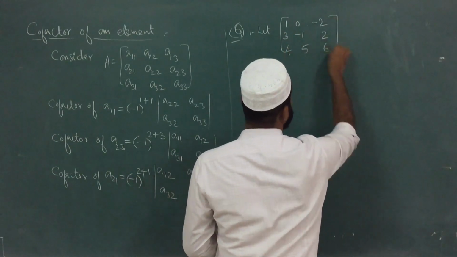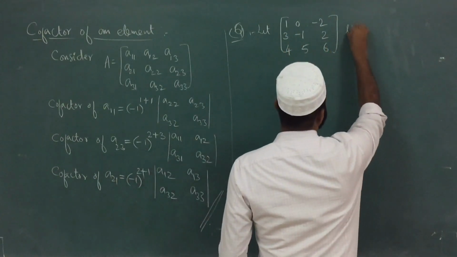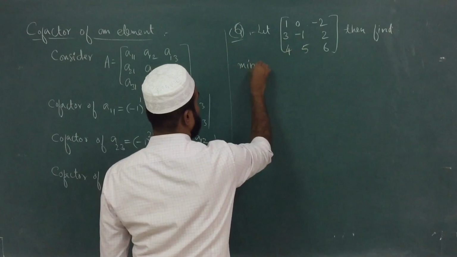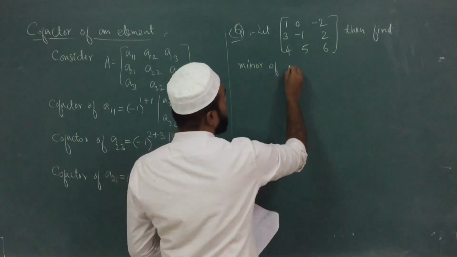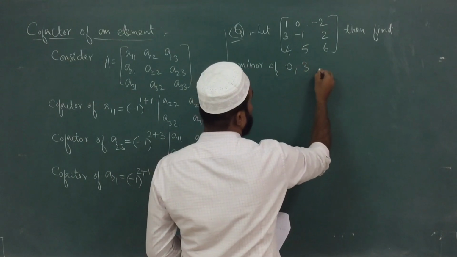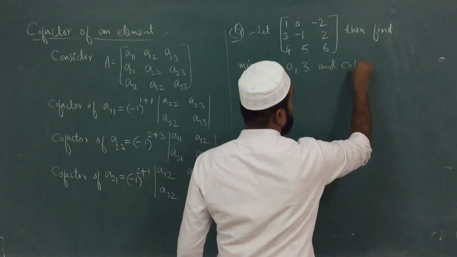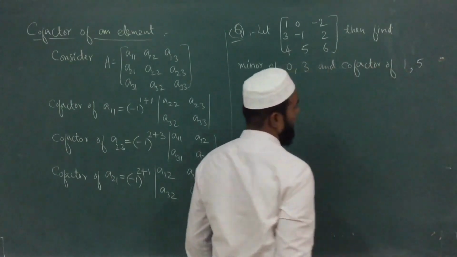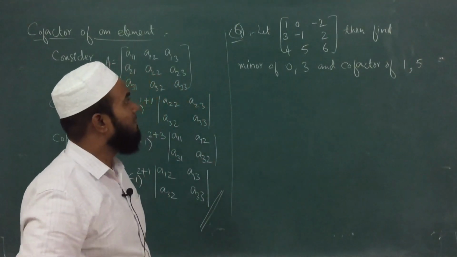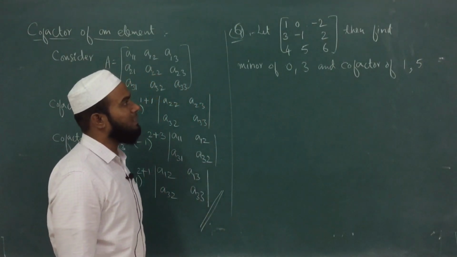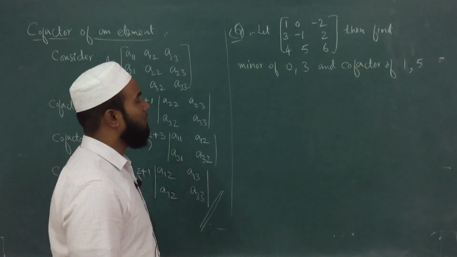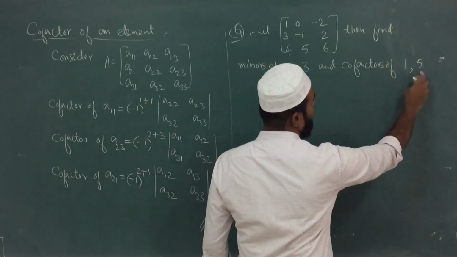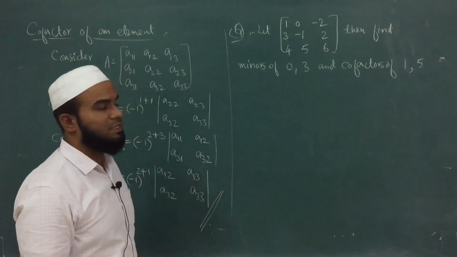Then find the minor of 0 and 3 and the cofactor of 1 and 5. What is the question? One matrix is given, 1 0 minus 2, 3 minus 1 2, 4 5 6, and we are asked to find the minors of 0 and 3 and the cofactors of 1 and 5.